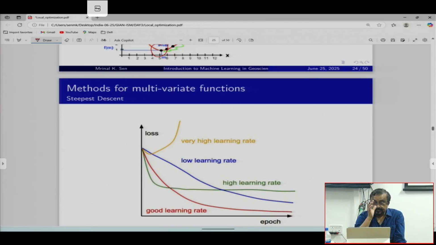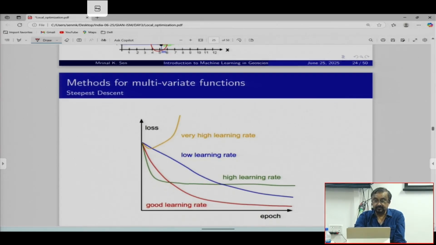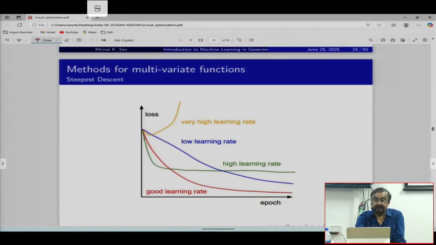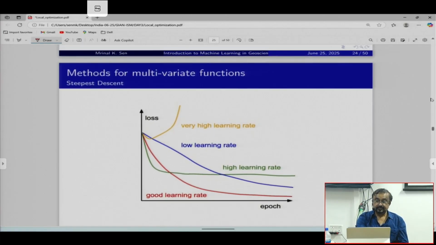There are parameters like this learning rate, which is the step length. And this is a picture that tells you what strategy one should use. A very high learning rate will, rather than converging, diverge. A high learning rate may actually converge to a suboptimal place.